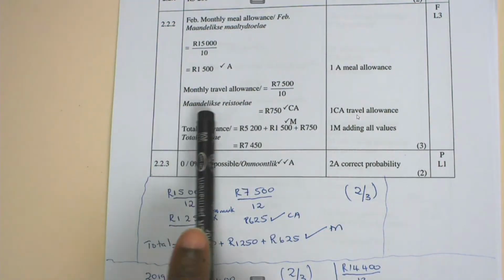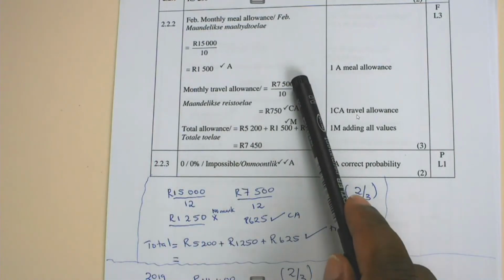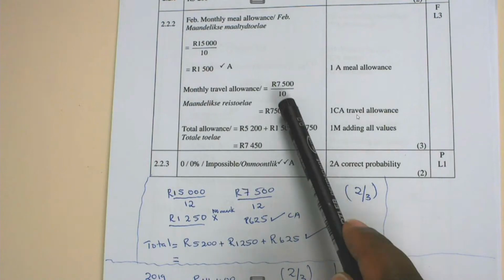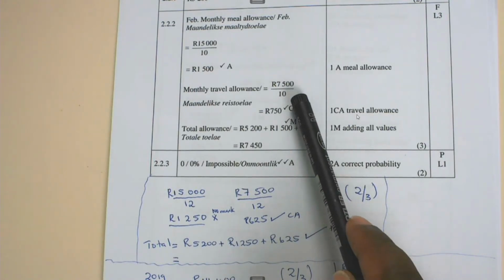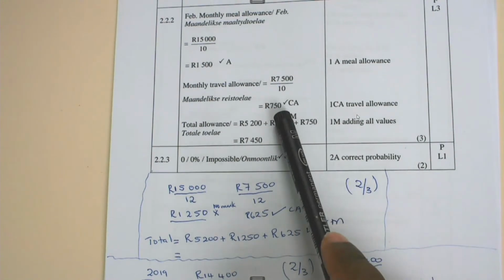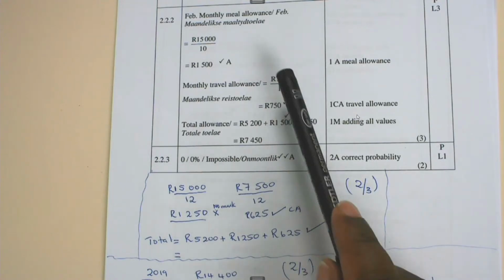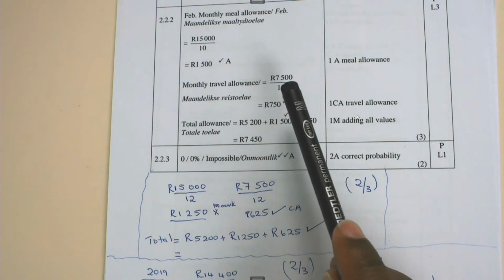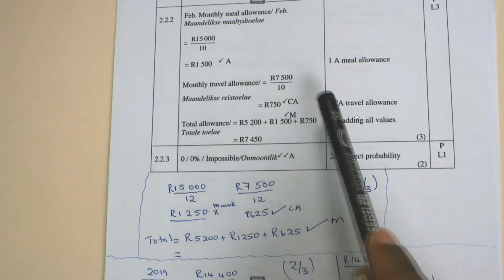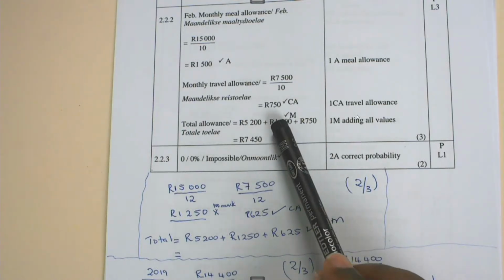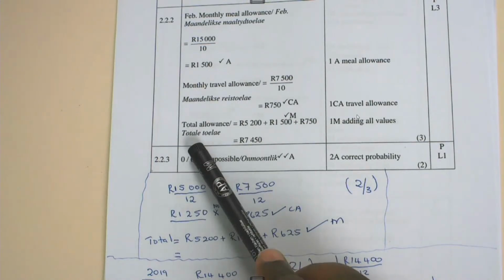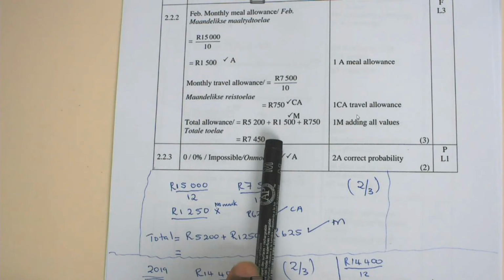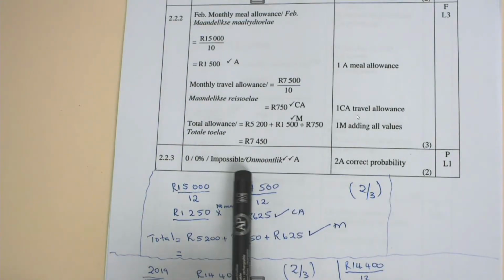And the monthly travel allowance is 7,500 according to the information. You divide that by 10, and then it's 750. Remember, 10 months, February to November. Then the total allowance will be 5,200 plus 1,500 plus 750.